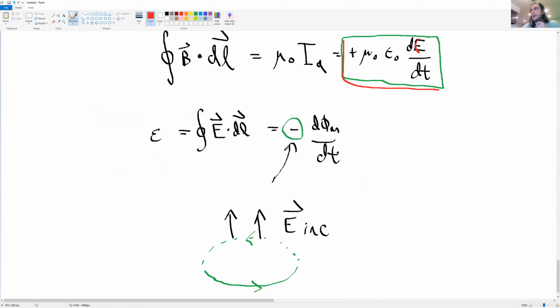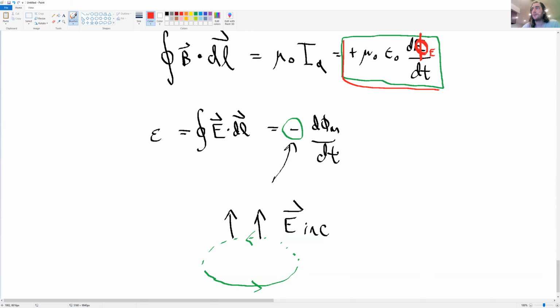This should say phi E, so I had a mistake there. So maybe fix that if you copied that down. That should be d phi E dt. I guess I'm making quite a number of mistakes today. Sorry about that.